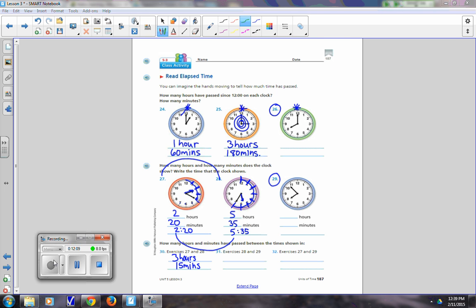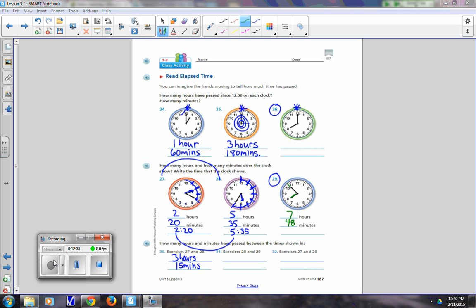We see the short hand is past the 7, but not quite on the 8. So only 7 hours have transpired. We're going to say 5, 10, 15, 20, 25, 30, 35, 40, 45, 46, 47, 48 minutes. Oh, I'm sorry.